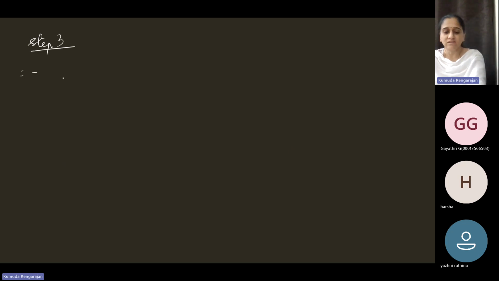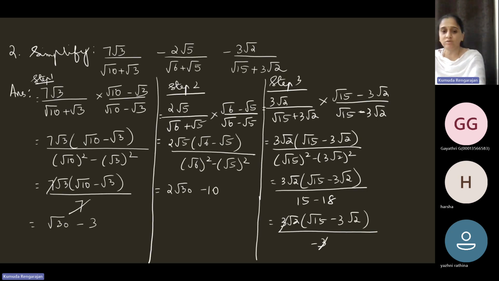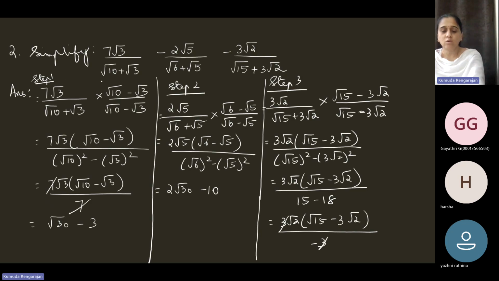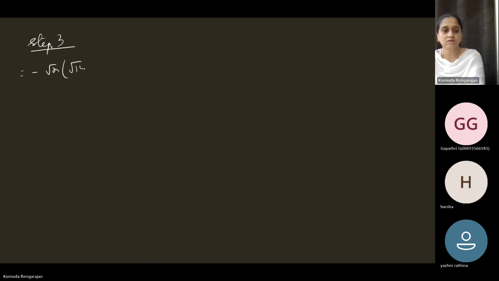Okay. Minus in the denominator, take it up to the numerator. So minus root 2. And in brackets, we have root 15 minus 3 root 2, right? So this gives you minus root 30 plus 6. Right? Did you get this? You got it? Right.